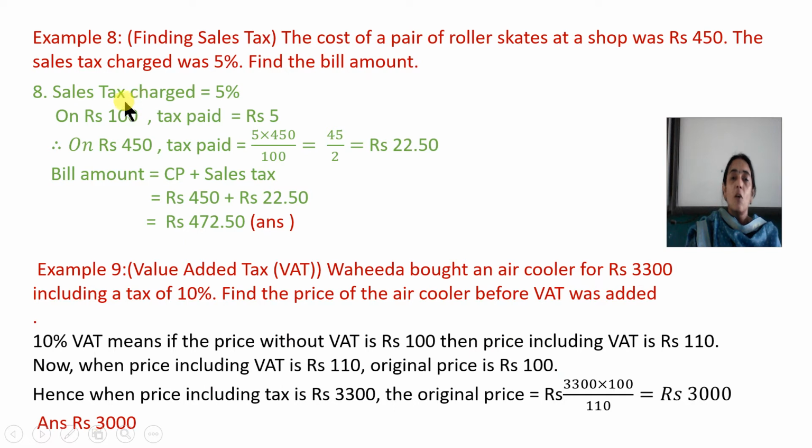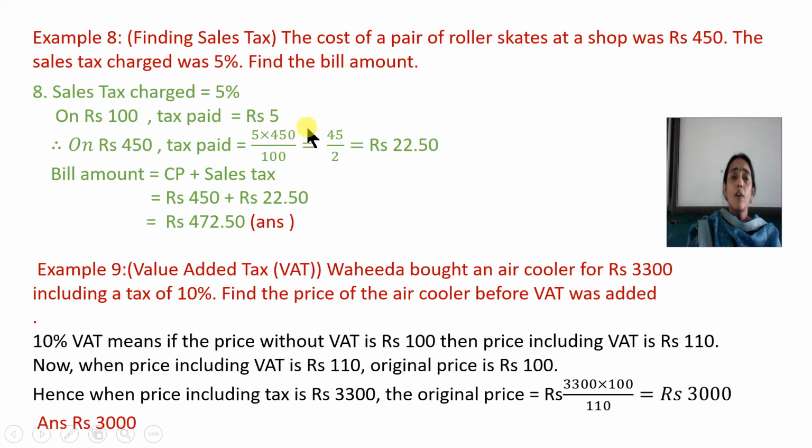Now the sales tax charged was 5%. So you write down how much is the sales tax, which is 5%. This means that on rupees 100, the tax paid was rupees 5. So on rupees 450, the tax paid will be, by cross multiplication again, 450 into 5 upon 100, which is equal to 45 upon 2, and that is equal to rupees 22.50.